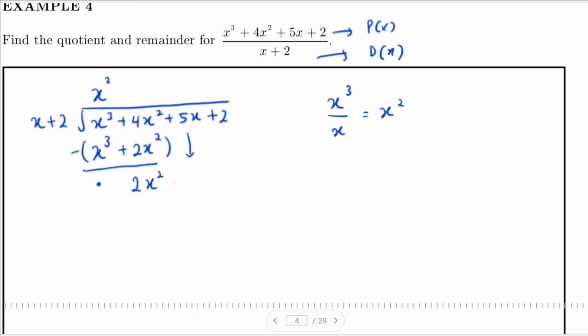Bring down 5x. Then think again, what multiplied with x will give us 2x squared? The other way is to do the division: 2x squared divided by x gives 2x. So we put 2x here. 2x multiplied with x will give us 2x squared, and 2x times 2 will give us 4x.